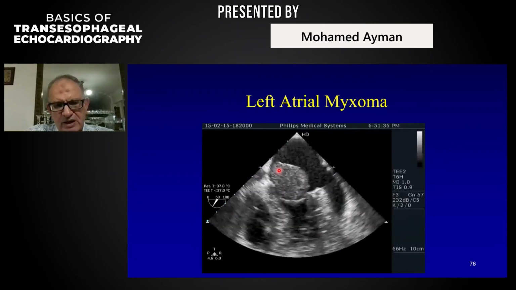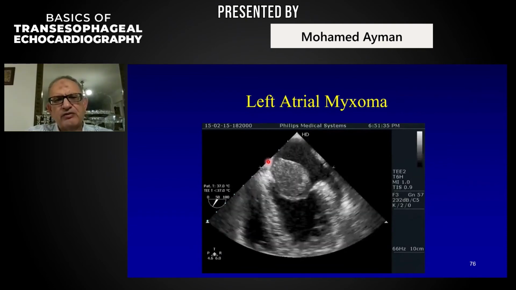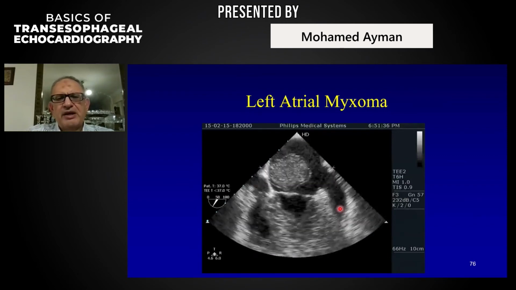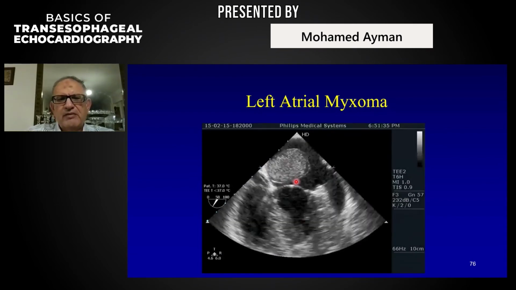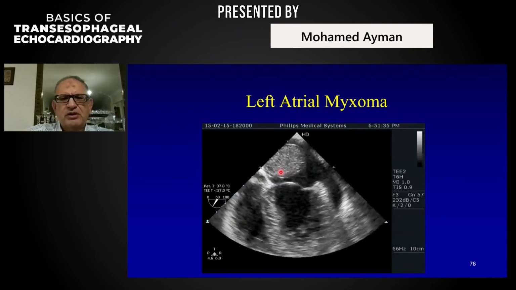This mass is attached to the interatrial septum, a classic site for left atrial myxoma attachment. There are no thrombi in the appendage, so nobody can tell me that this is a thrombus.